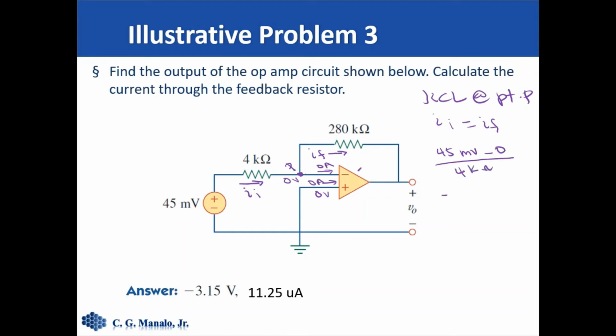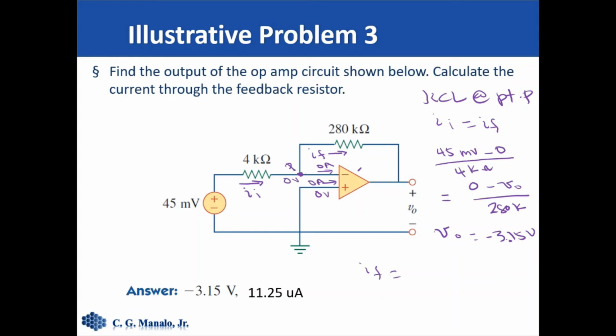Okay, and that should be equal to a 0 minus V naught divided by 280 kilo ohms. And that should give us V naught equal to negative 3.15 volts.